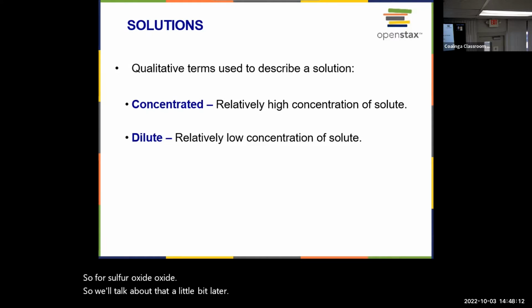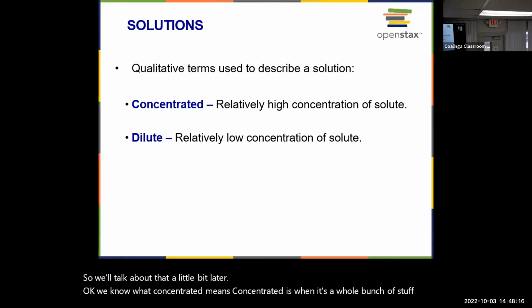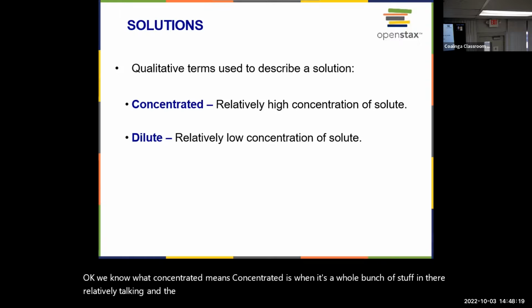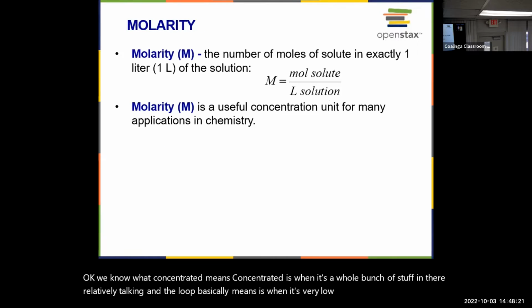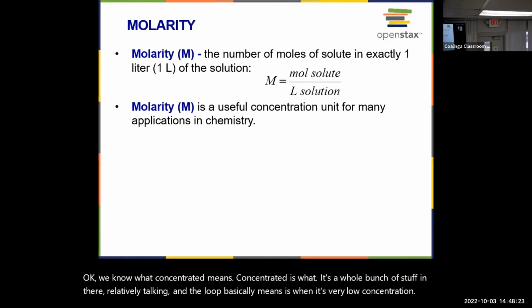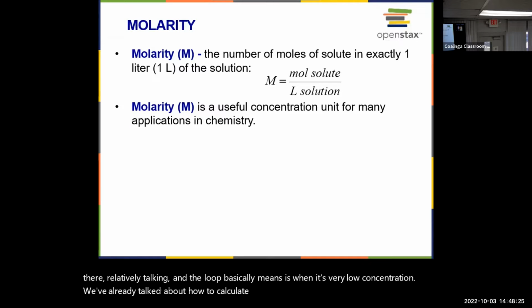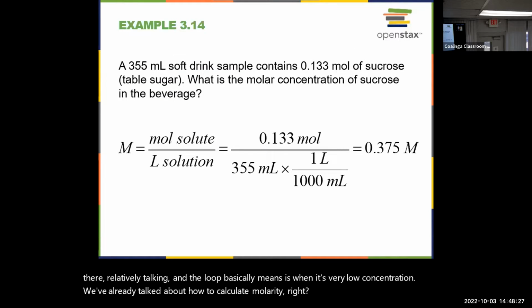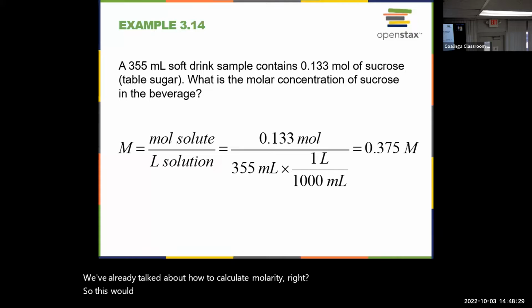Okay, we know what concentrated means. Concentrated is when there's a whole bunch of stuff in there. And dilute basically means very low concentration. We've already talked about how to calculate molarity, and I already gave you a better example.